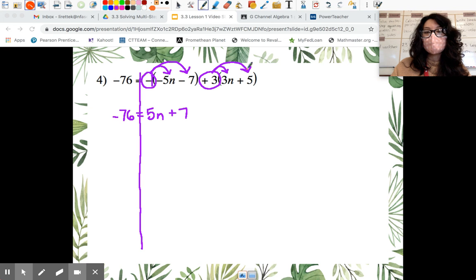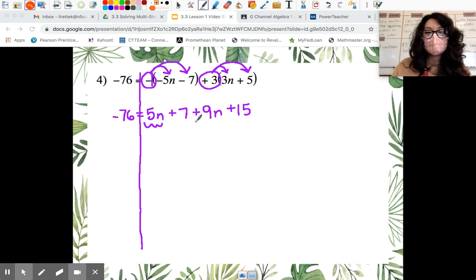So I'm multiplying a positive 3 with each of these numbers. 3 times 3n gives me a positive 9n. 3 times 5 gives me positive 15. Notice when we distribute that we're dropping the parentheses and my terms have to be separated with plus and minus signs. All my parentheses are gone, so I can move on to step 2, which says combine like terms.